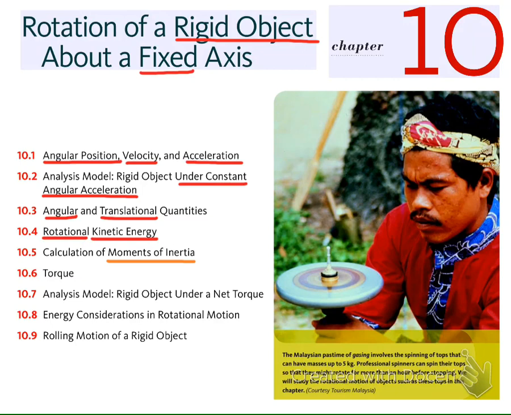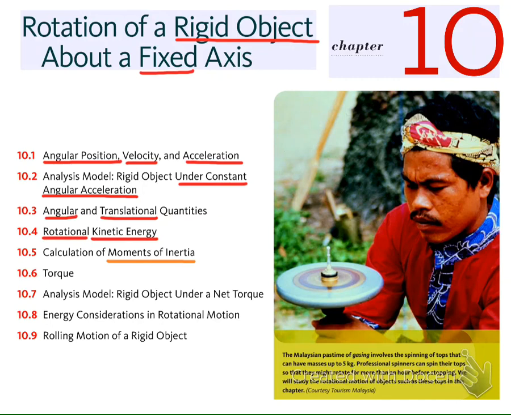We define the moment of inertia in the process of the derivation of the rotational kinetic energy. Moment of inertia is somehow similar to the mass of the object, in the sense that the mass tells us how hard or how easy it is to move that object.